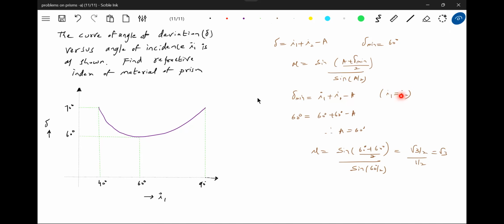What is this? I1 equals I2, so I just replace this. This is very important: at minimum deviation, the angle of incidence and angle of emergence will be equal. So therefore this I2 will become I1. Once you know this I1, we'll get the angle of prism. Then substitute everything in this formula.